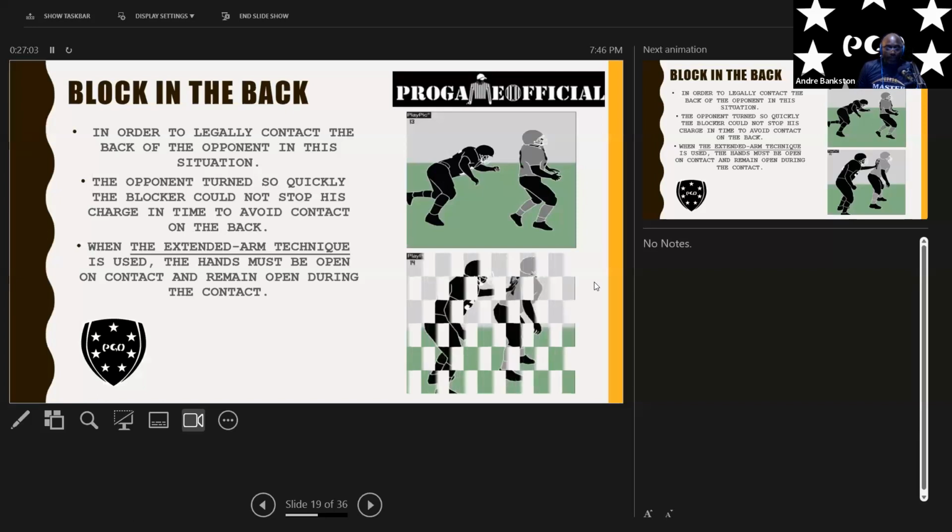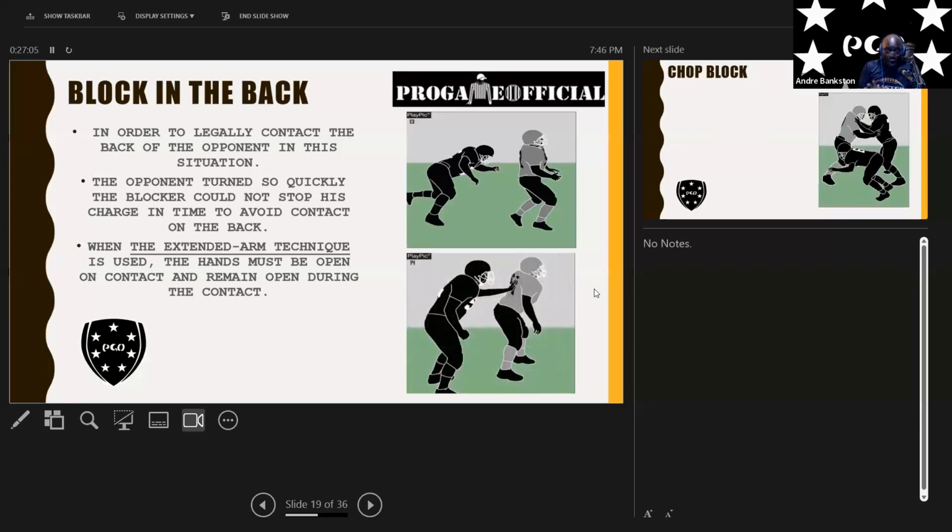When the extended arm technique is used, the hands must be open and remain open during the contact. So if I'm going toward you, I'm looking at you, you're looking at me, and I'm about to block you, and you turn on me at the last minute and I hit you in the back, that's legal.